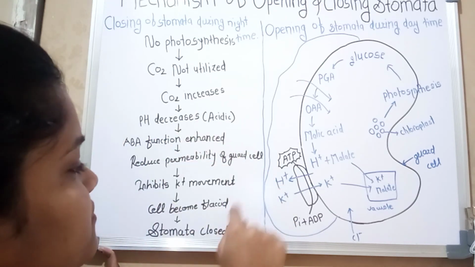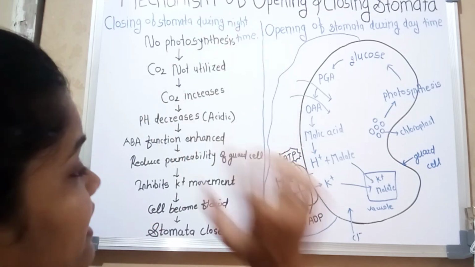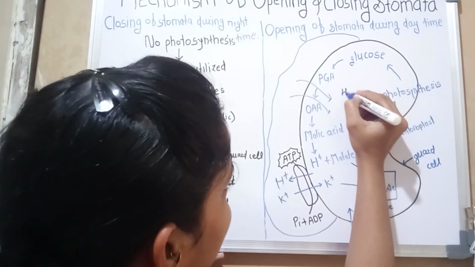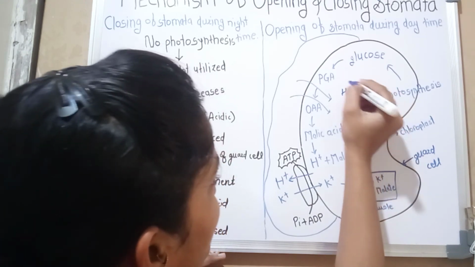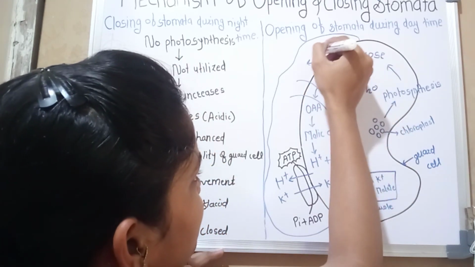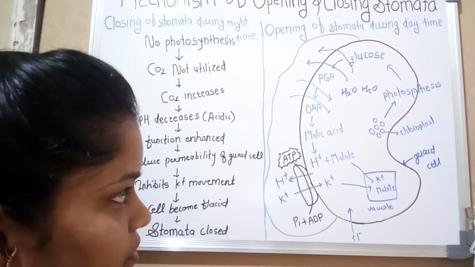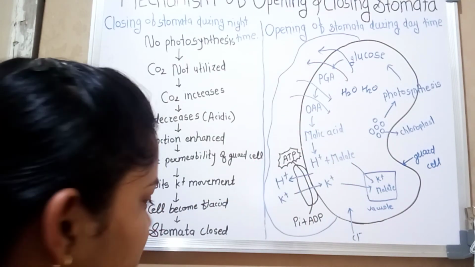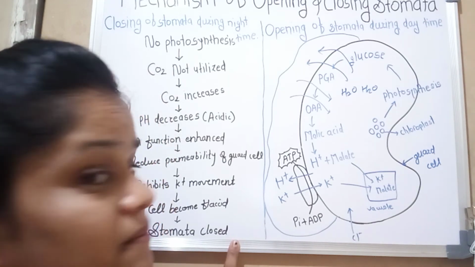In night time, the water present inside the guard cells, H2O, moves towards the subsidiary cells. As a result the cell becomes flaccid and the stomata become closed.